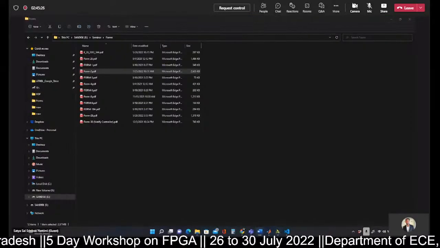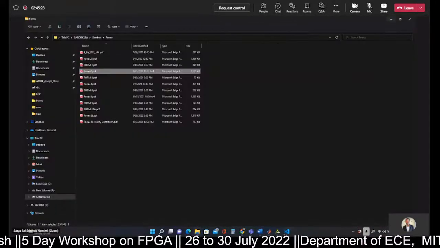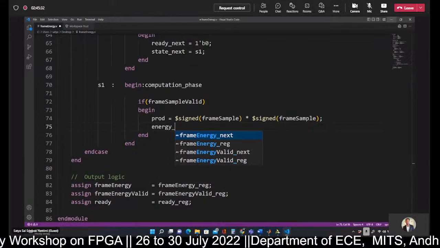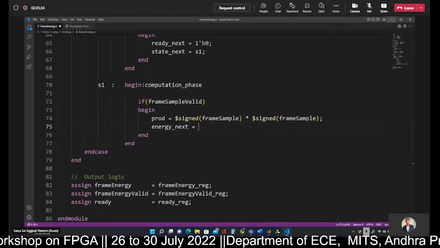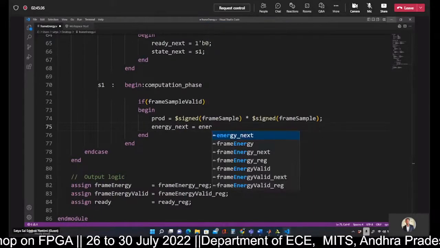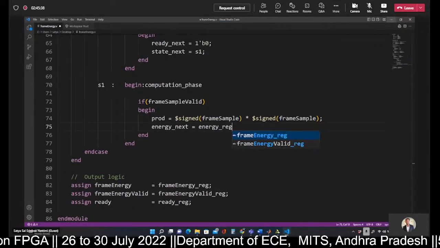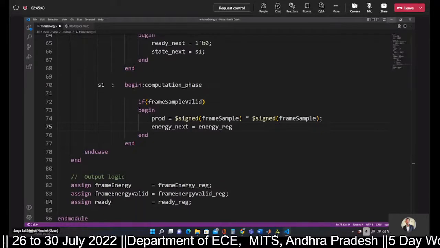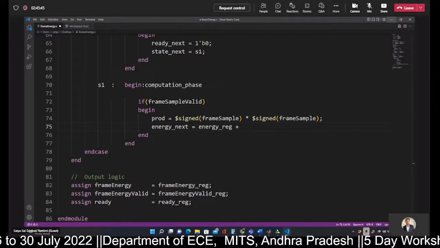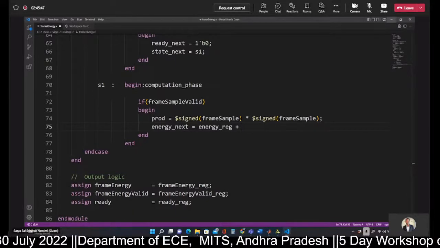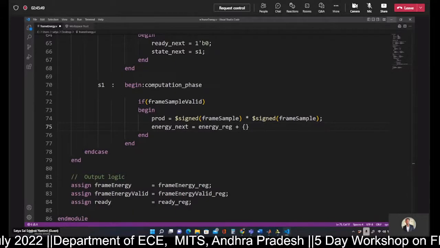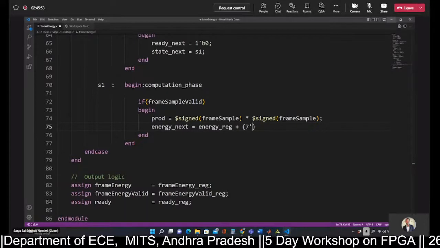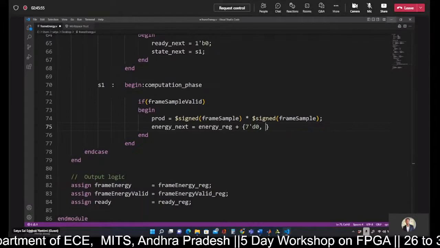So for that purpose, energy next is equal to whatever the previously accumulated value that is present in the energy register, plus, first I have to append 7 zeros.